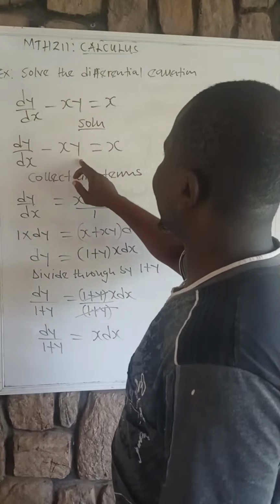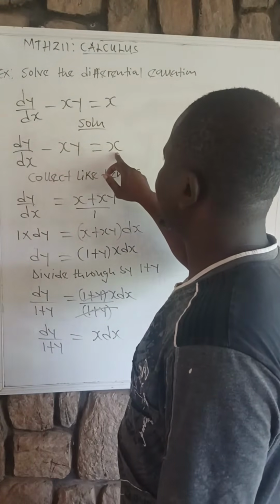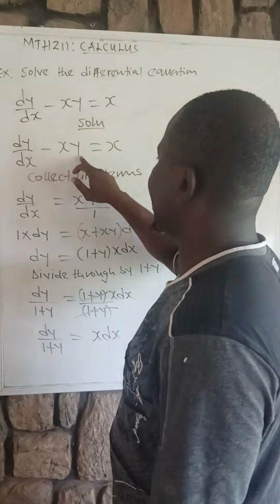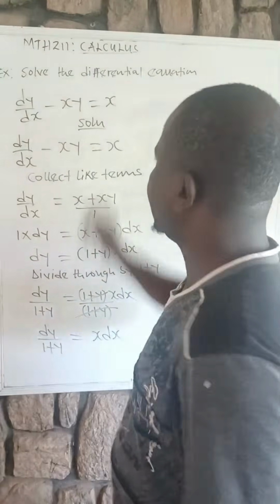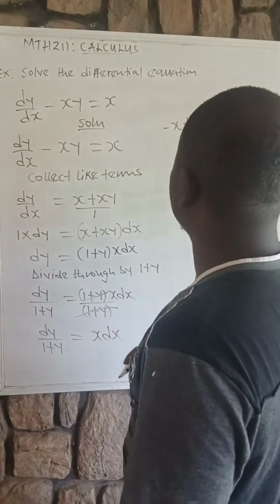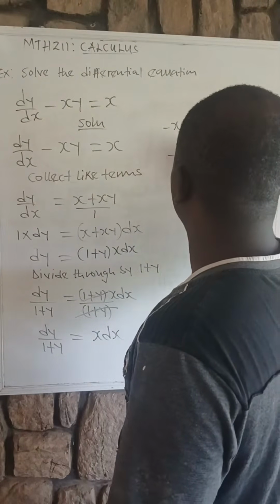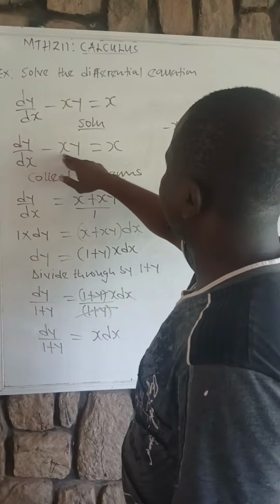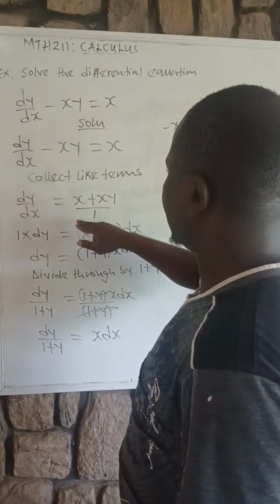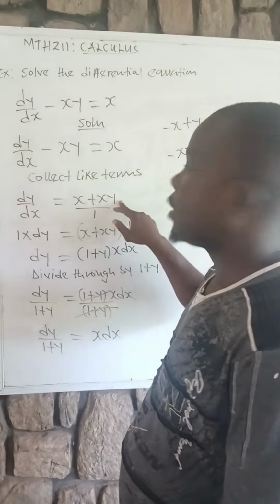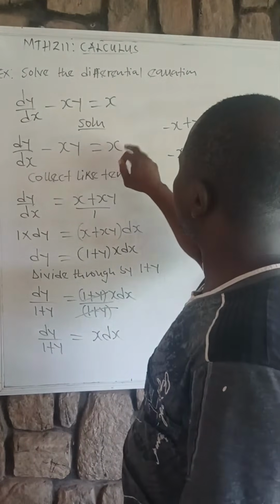This is xy equals to x. So you cannot separate x and y. It is impossible. This is how it should be. So by the time this minus xy crosses the sign of equality, it becomes what? X plus xy. Because this one is coming to meet this x.